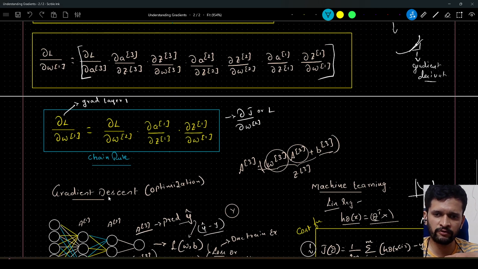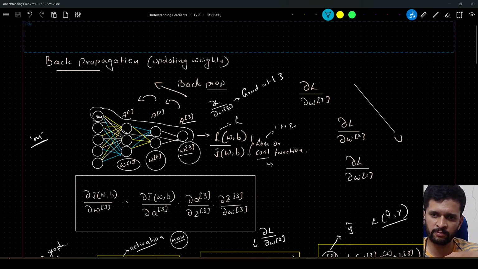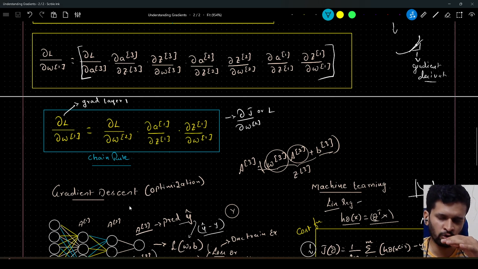Using those values, we again do a forward pass, compute A1, A2, A3 and the loss. Again do the backward pass and update the weights. Do the forward pass, compute the cost. If it's not minimum, again do the backpropagation. We repeat this process until we arrive at a global minimum.